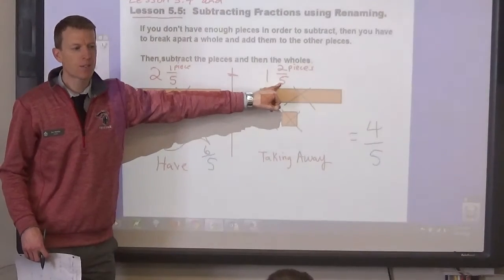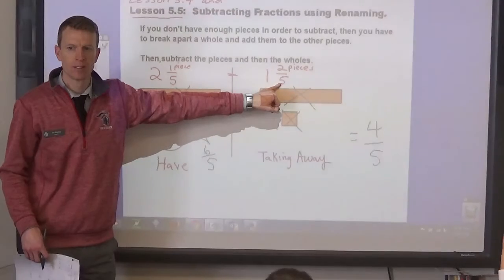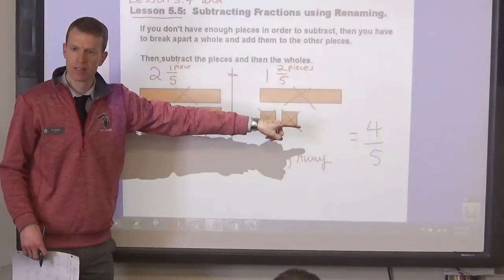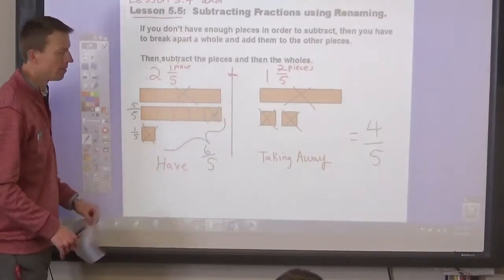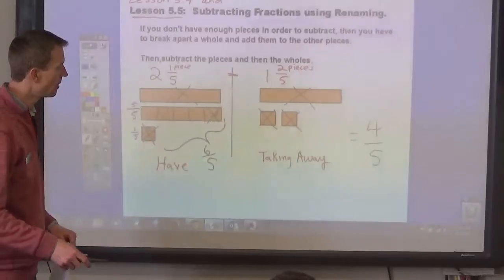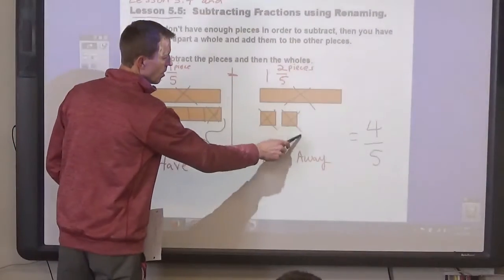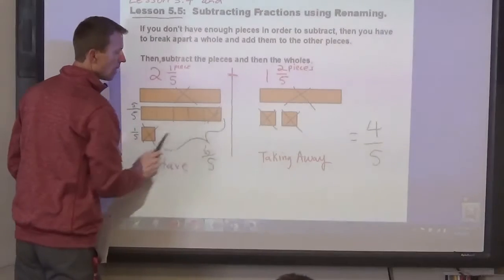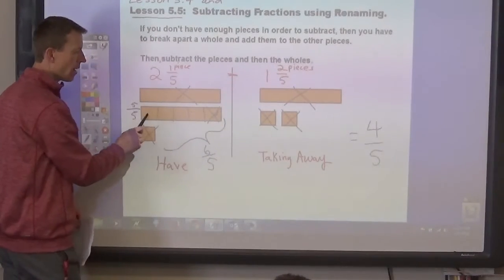Kate? 4/5. 4/5 left. Okay, we did this in the worksheet for lesson 5.4. We showed this by taking away 2 pieces on each side and then figuring out how many are left.